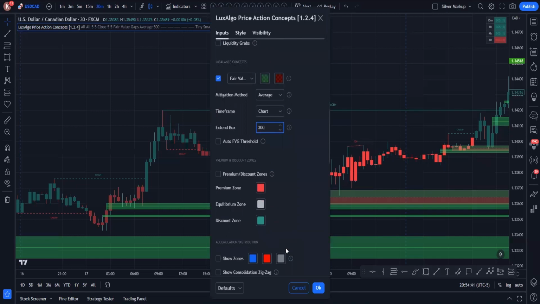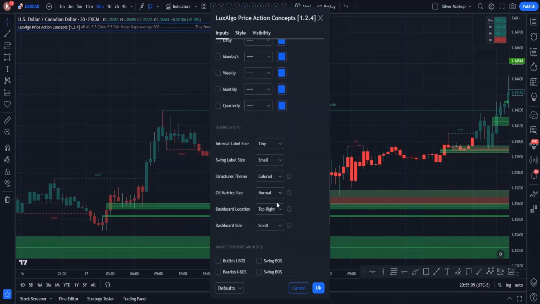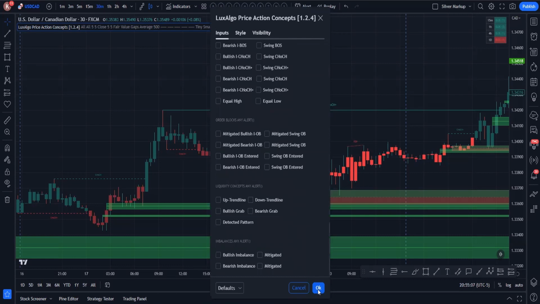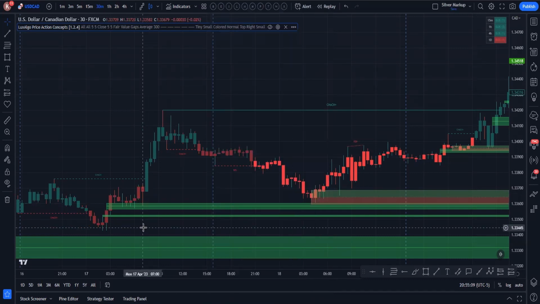You don't want to make it too high because it might make it too irrelevant as you go on in the future if you have a really old imbalance. So 300 gives you a couple weeks of price action, or depending on the time frame, at least a good period of time where you can see that imbalance. So you can give price the time to come back to it if it's going to come back to it. After that, everything else is unchecked. So now we've got that set up.